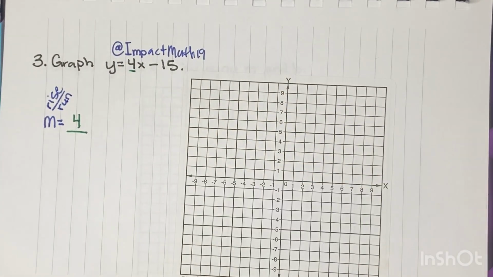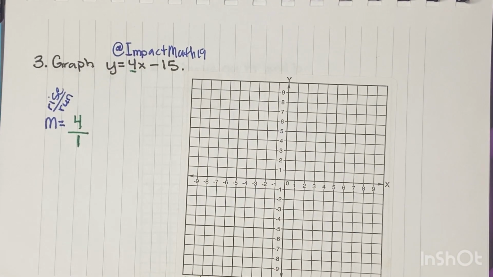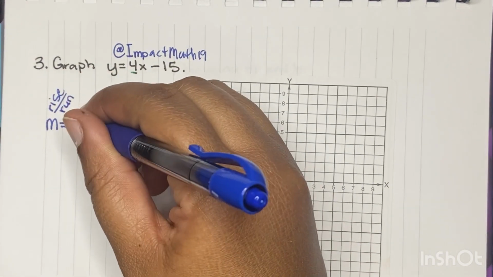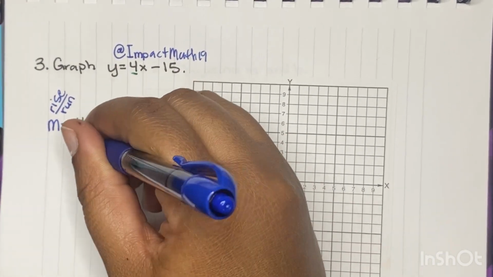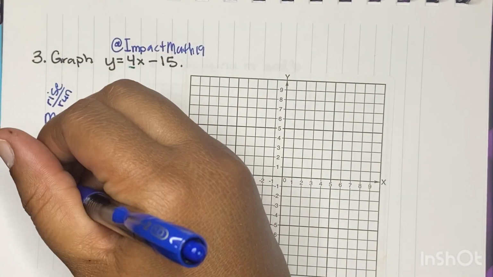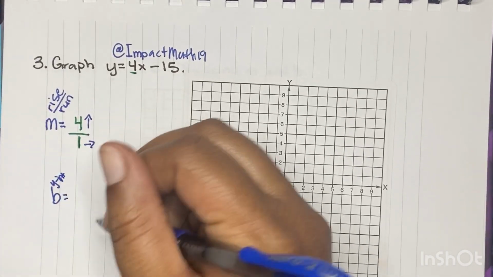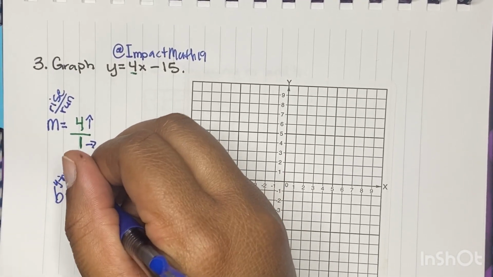So how do we get this run part? Well, every whole number can be written over 1. So this is telling me I'm going up 4 into the +1. I'm running 1. My b here is my y-intercept. And that's going to be -15.